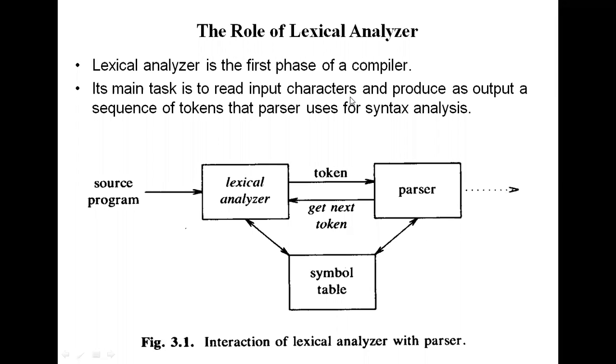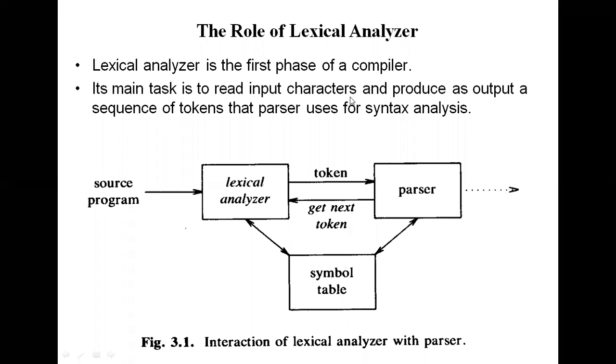The next function of the lexical analyzer is reporting the errors encountered while generating the tokens. Here we have another subphase, the error handler. This error handler handles the error there itself, in each and every phase, where we encounter those errors, rectify them and modify the code.